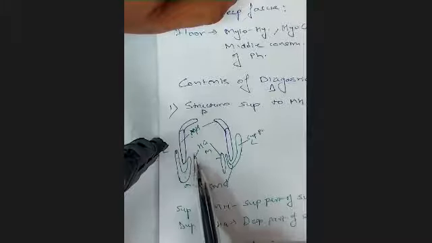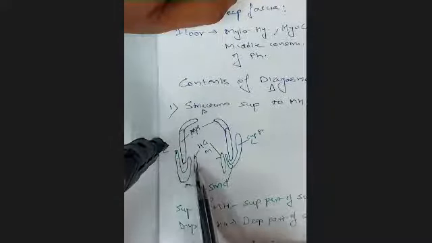Okay. So superficial to mylohyoid is the superficial part of submandibular gland, and superficial to hyoglossus is the deep part. So submandibular gland has a J shape. Its superficial part lies on mylohyoid and its deep part lies on hyoglossus.